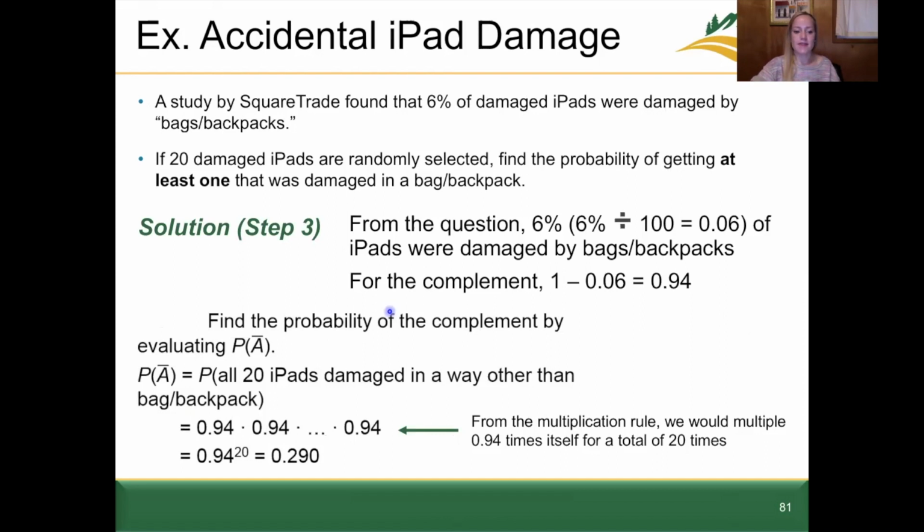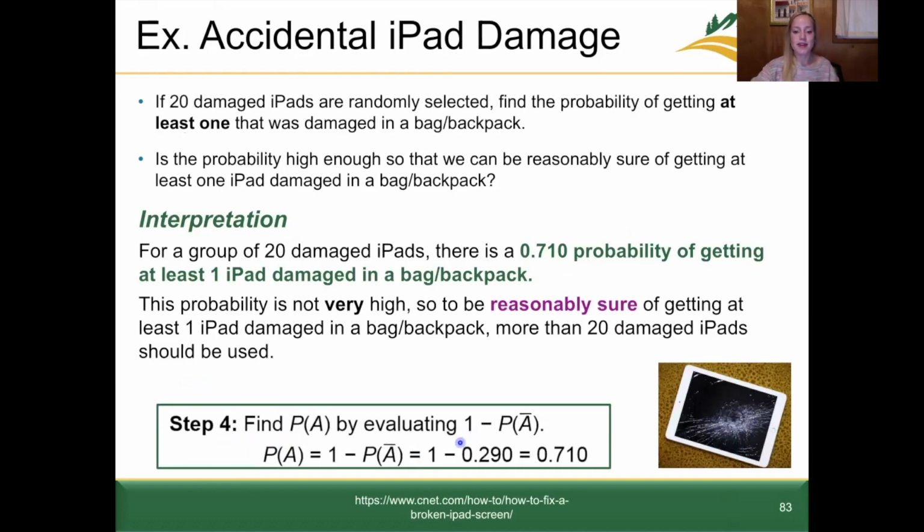If we selected more than just 20 iPads, then we'd take 0.94 here, raise this to the 30th or the 50th or the 100th, etc. When we raise a number that's less than 1 to a positive power, so 0.94 to the 20th, 0.94 then to the 100th, this number, when it's raised to the 100th, will get even smaller. When probability of A bar is even smaller, that means the probability of A, the event itself, is going to get larger.